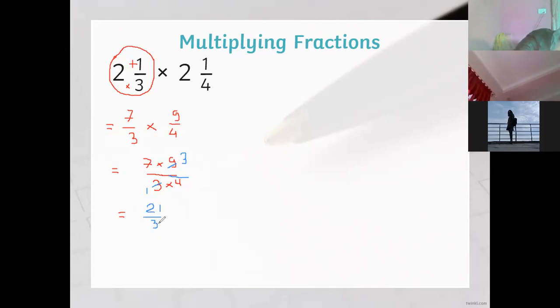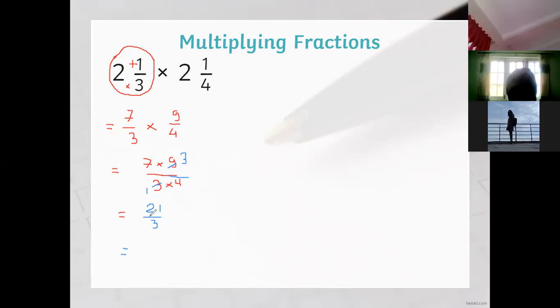Look here. You got 21 by 4. Now you have to convert it into a mixed fraction. Whenever you get an improper fraction as the answer, you have to convert it into mixed. So what is the mixed fraction now? Divide 21 by 4.